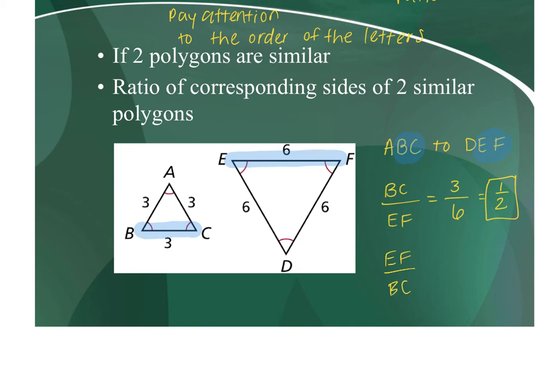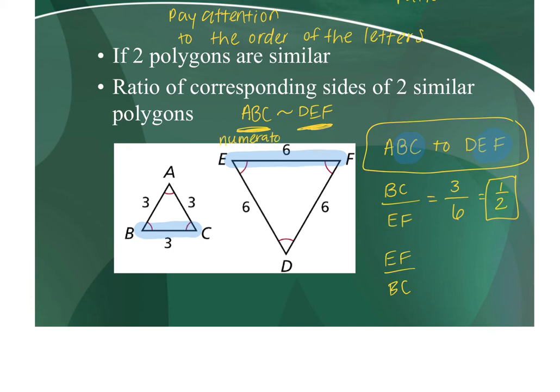You can't do that, because we're comparing ABC to DEF. So you have to go in the order of what it's asking for? Correct. If it says ABC is similar to DEF, always put this one as your numerator, always put this one as your denominator. Okay, got it. Thank you.